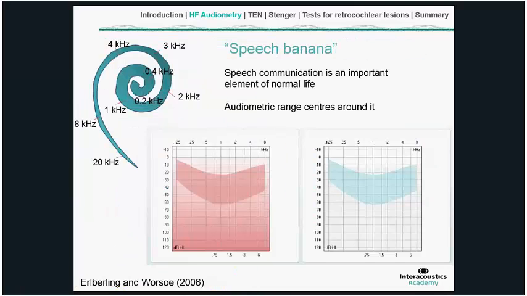This slide here just illustrates the reason why we typically test in the audiometric range, because what we see on these two audiograms is the shaded region in the middle, sometimes known as the speech banana.